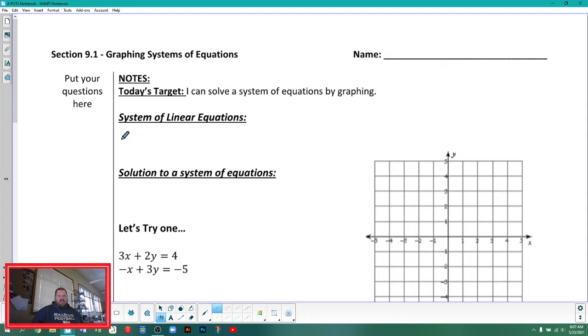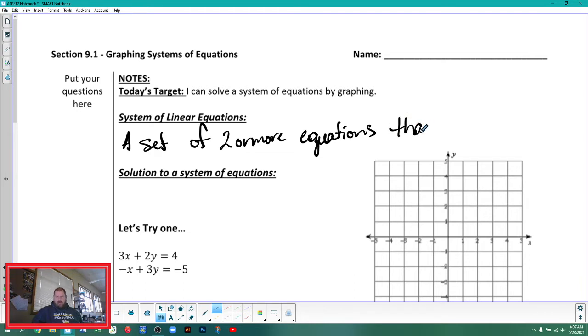A system of linear equations is, we're just going to say, a set of two or more equations that occur at the same time.